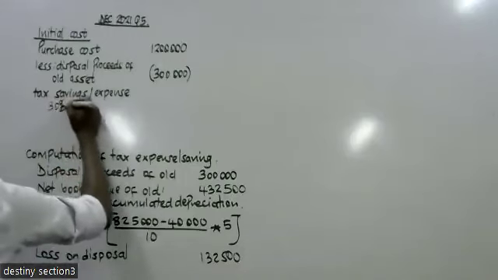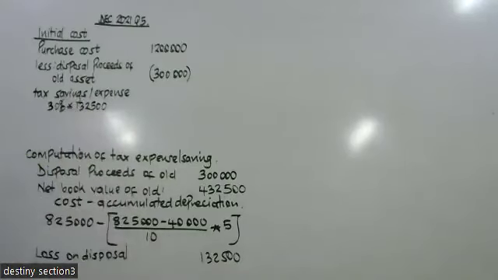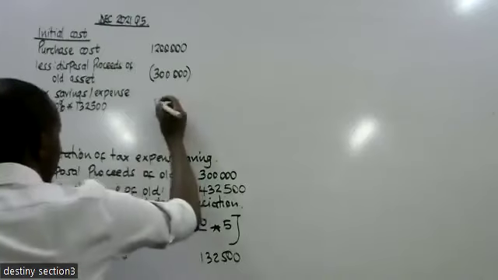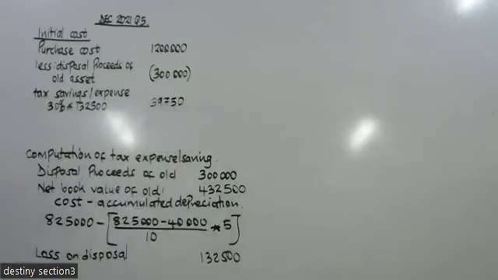30% of 132,500. How much? 39,750. So by disposing of that asset at a loss, you're saving tax expense of 39,750.